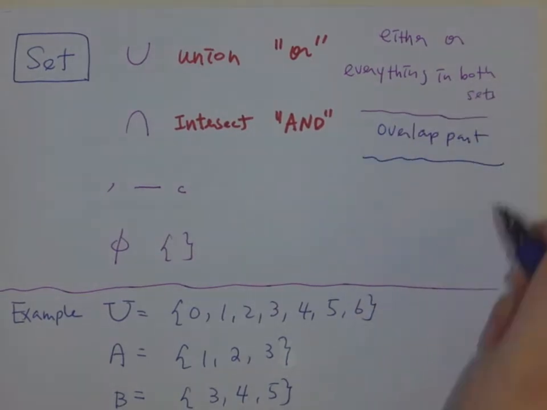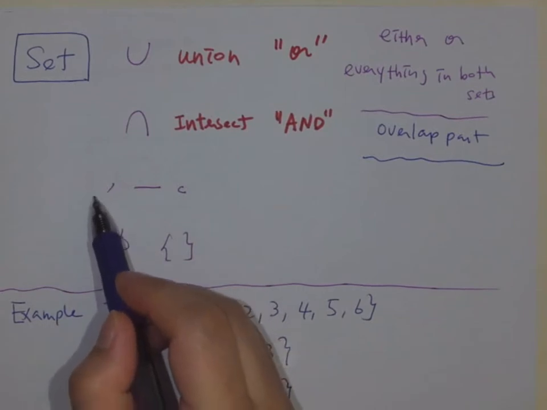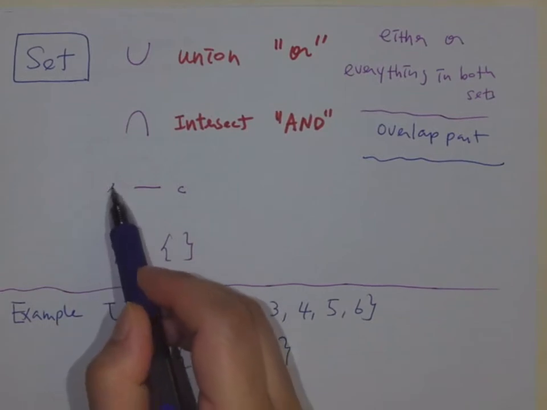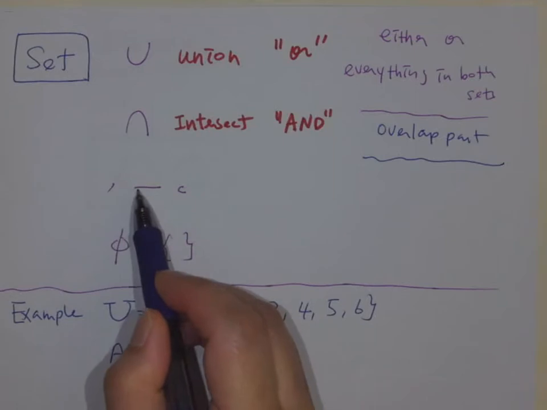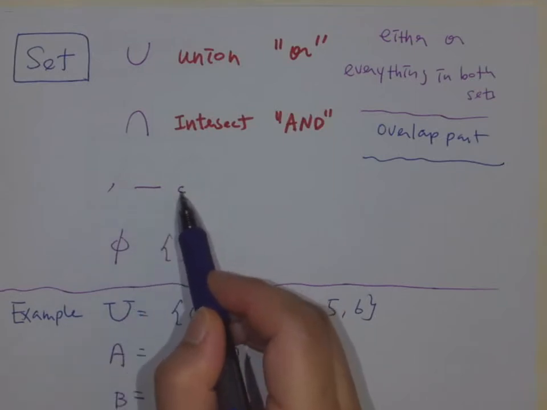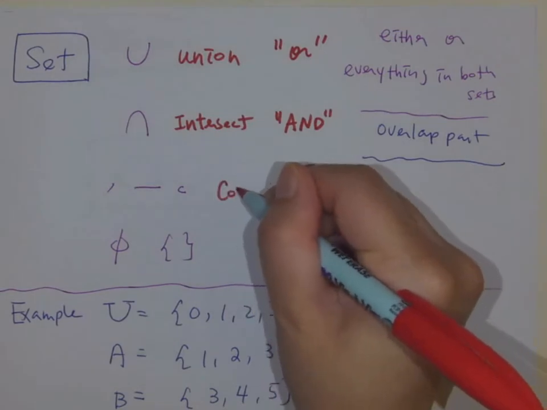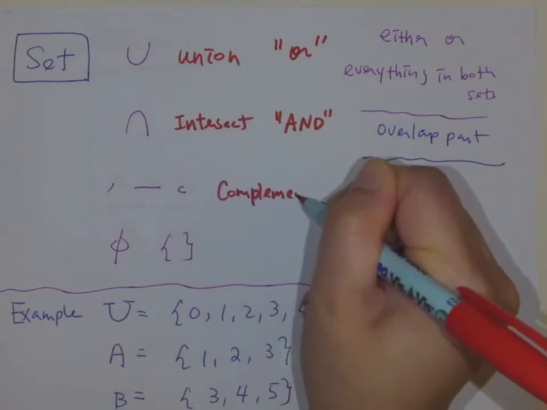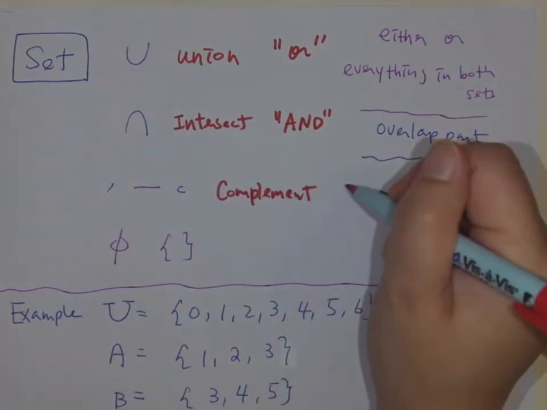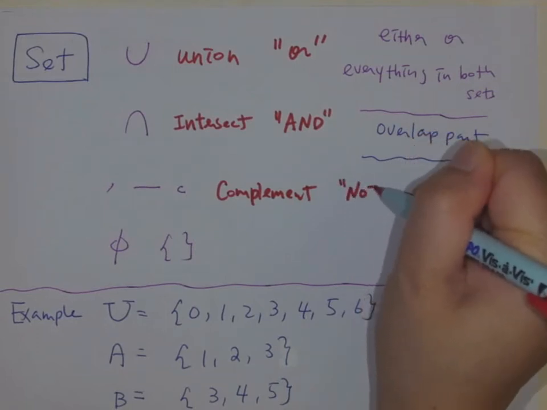Alright, if you have a set, represented by a capital letter, and you see an apostrophe on top, or a bar on top, or a little c on top, this means complement. So the complement keyword is "not".